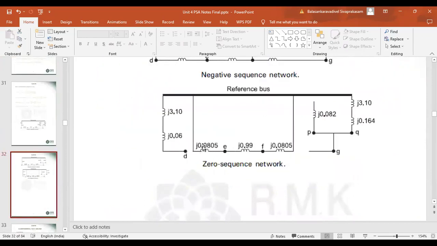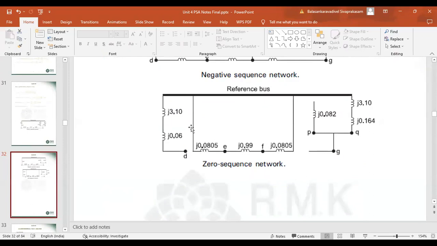So here this is the transformer T1 reactance value, then the transmission line, and then T2. Since both the T1 secondary and T2 secondary are star with neutral grounded, the circuit will be like a closed circuit and it will be carrying the current.